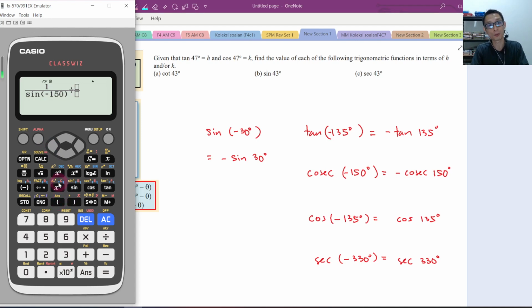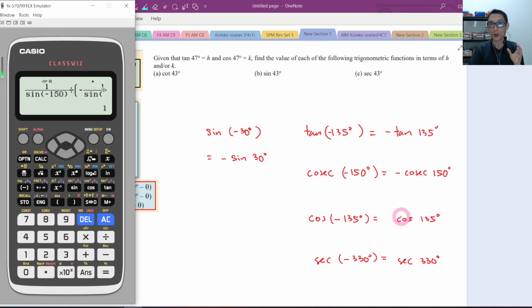If you don't put a parenthesis, your calculator knows how to calculate it, but when we write, we need to put a parenthesis. Negative 1 over sine 150 degree is equal to 1.